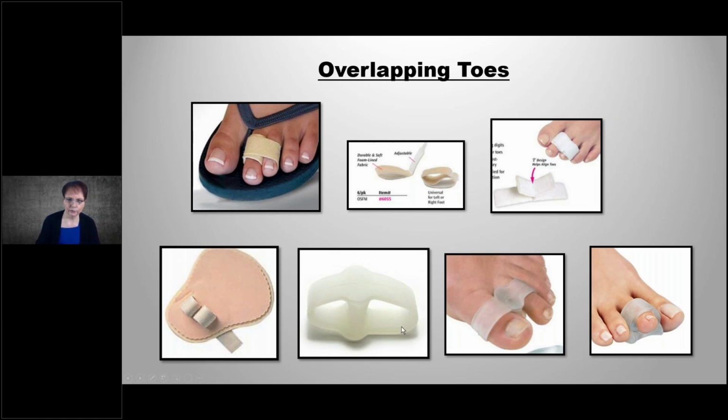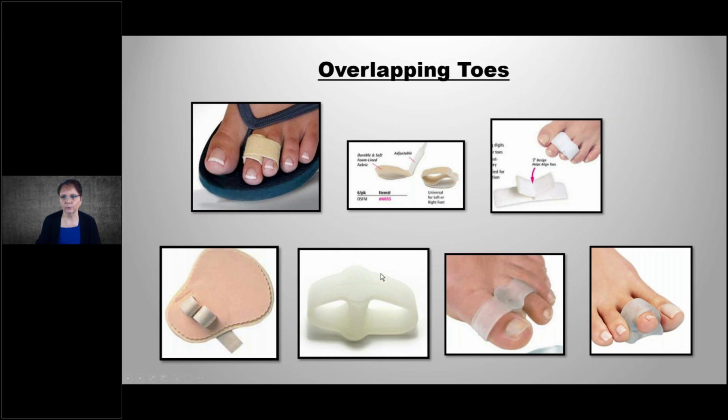Back to that boot and splint. This is another kind of silicone, like these are, that you can see would go between two toes, or they can take that overlapping toe with just the one that we looked at a minute ago. So lots of options for that all work. Why do some people like one versus another?